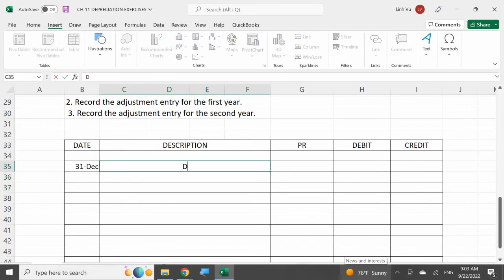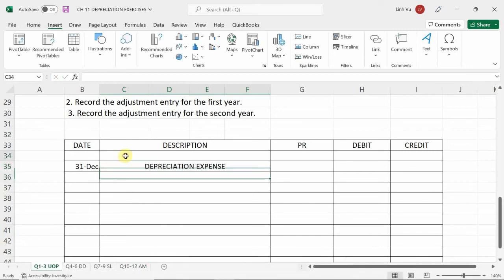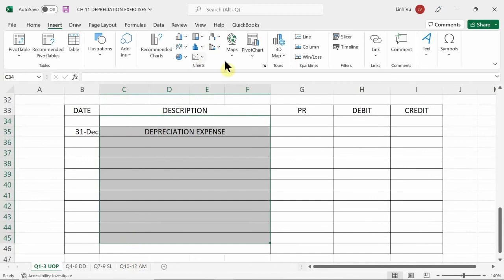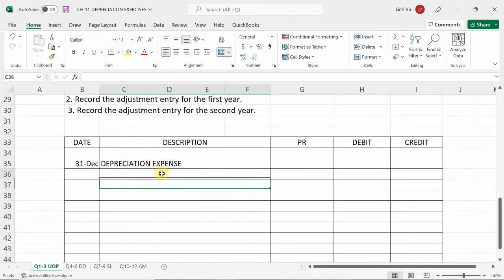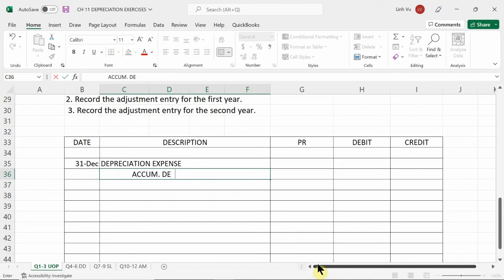Depreciation expense. Okay. Accumulated depreciation. Okay.